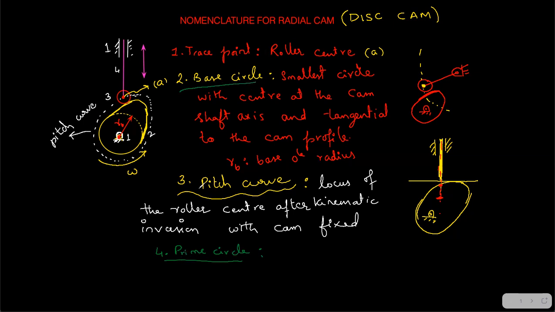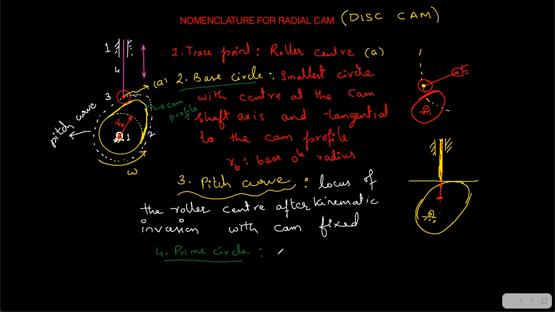So for the cam profile you have the base circle, right? This yellow one, the original yellow one, is the cam profile. For the cam profile you have the base circle. Similarly, for the pitch curve you have the prime circle. I'll write down that point over here.